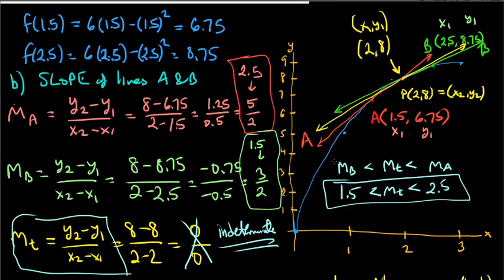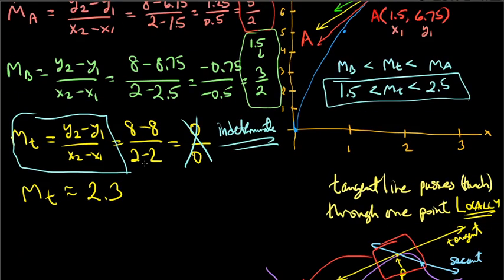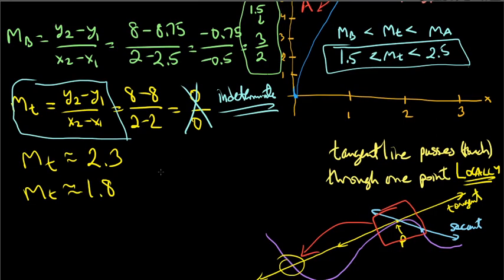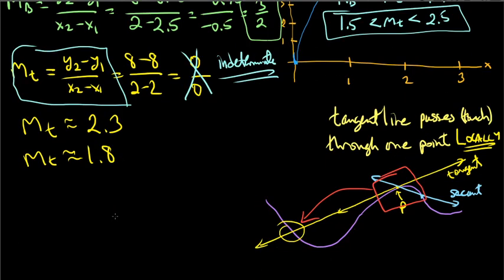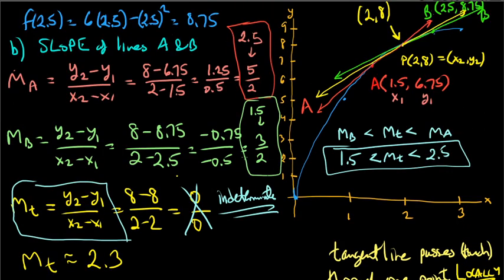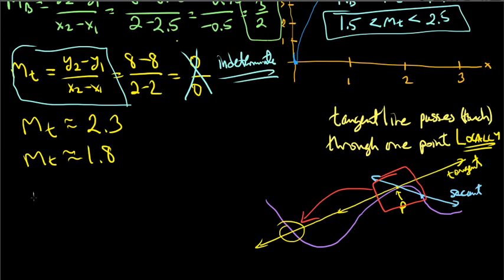Line B's slope is 1.5, so maybe it's 1.6 or 1.7, or maybe 1.8. I'm just guessing. That's a wide spread between 1.5 and 2.5, with a lot of possibilities. Or maybe it's exactly halfway between. Maybe it is exactly 2.